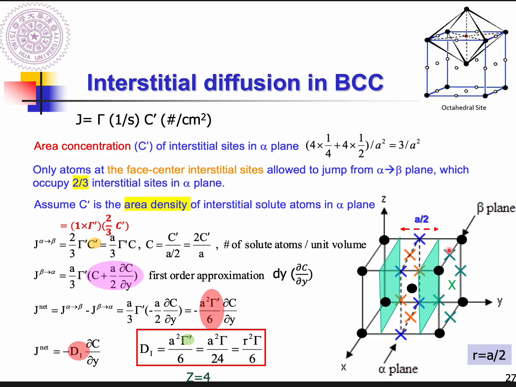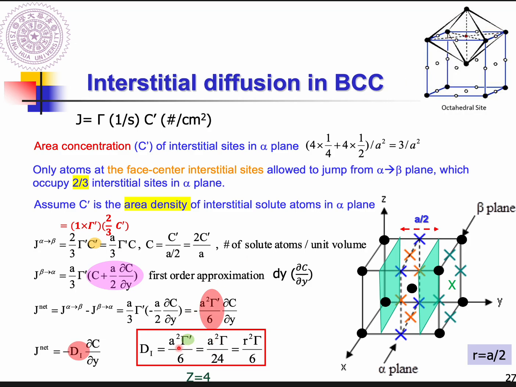It's not equal to the one you just derived. Z is the coordination number for this interstitial site, so Z equals 4. It's 1, 2, 3, 4, right?